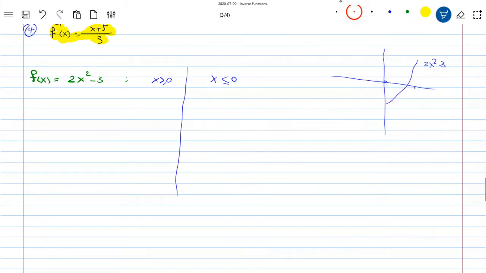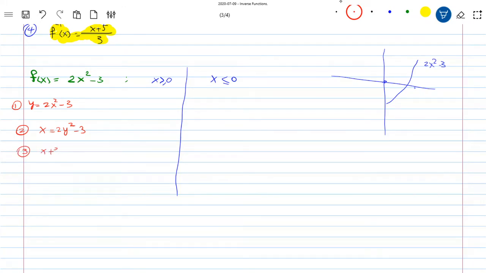Change this to a different color. Okay, first step, y equals 2x squared minus 3. Step 2, interchange x and y: x equals 2y squared minus 3. Step 3, solve for y.